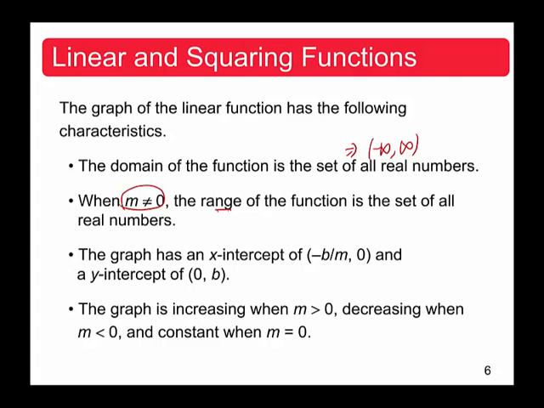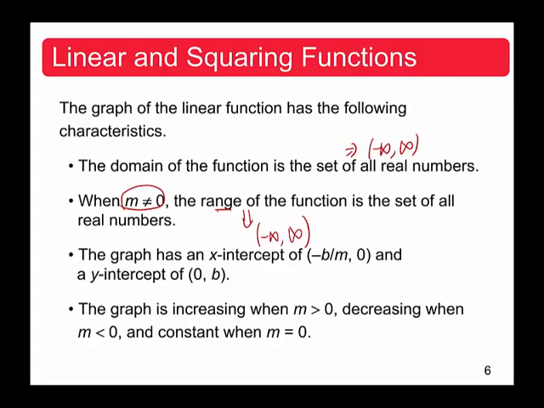So range is also all real numbers when the slope is not 0. When the slope is 0, then the range is a constant, so it's b, basically.